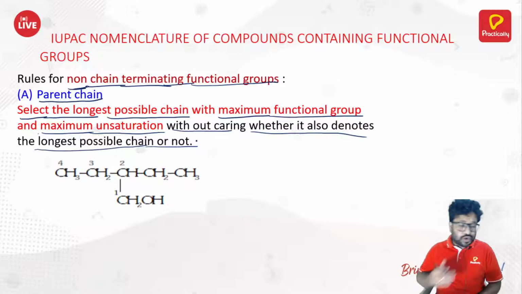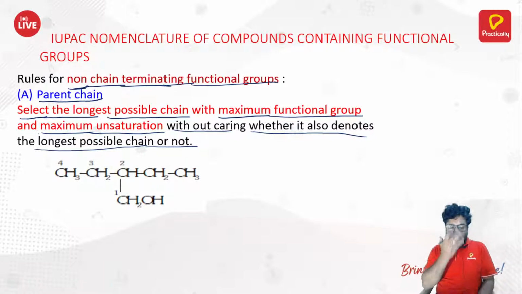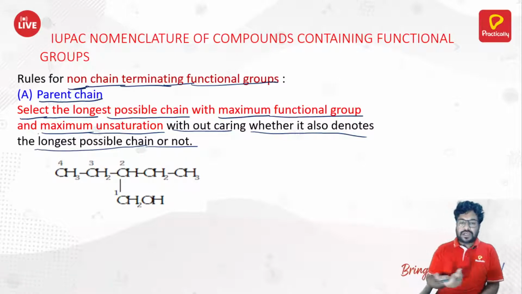I told you about this earlier also. Whenever there is a functional group, even a double bond or triple bond, those have also been included in this functional group category. So you always need to take them into consideration along with the maximum unsaturation.